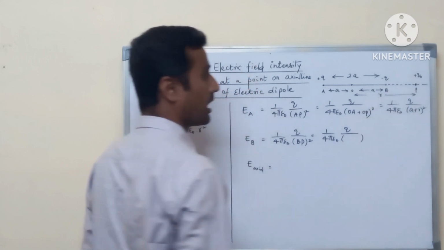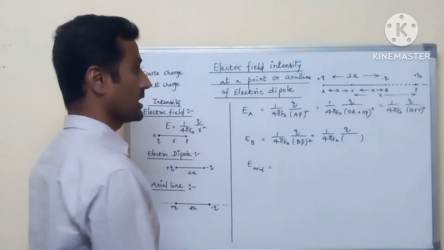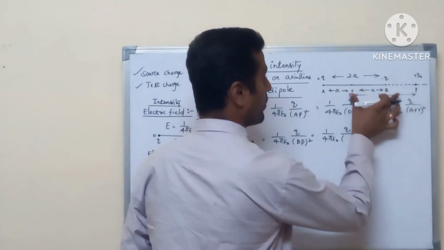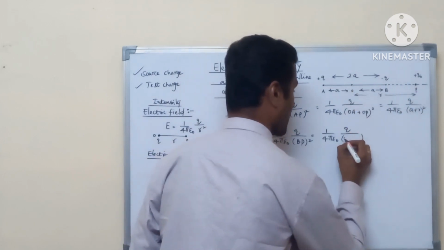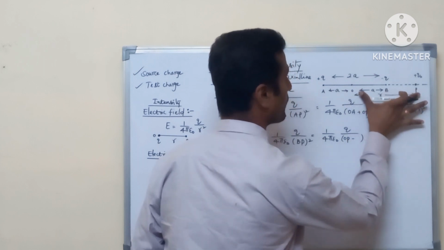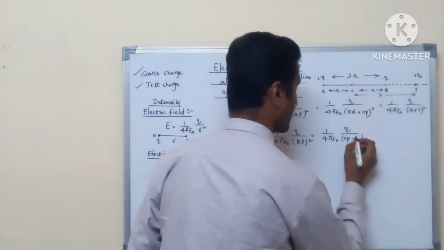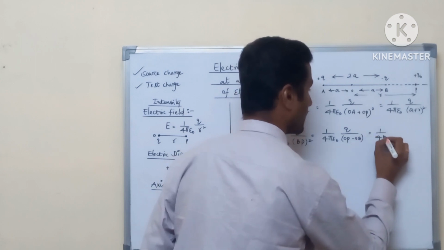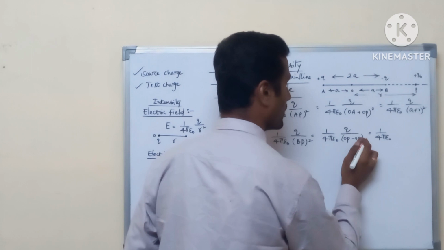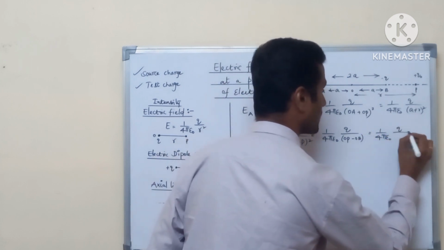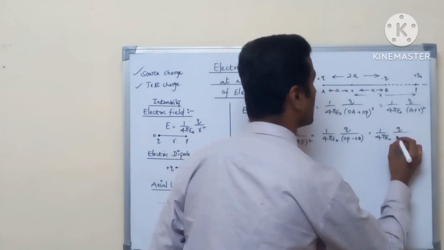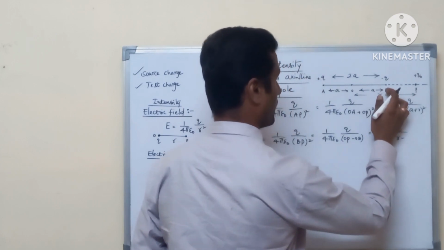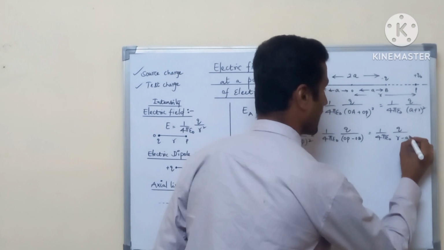BP is not known to us, so BP can be written as OP minus OB, because here OP and OB are known to us: OP as R, minus OB as A, whole square.